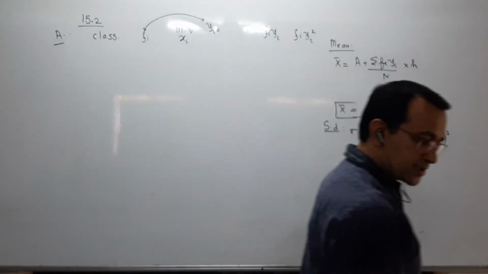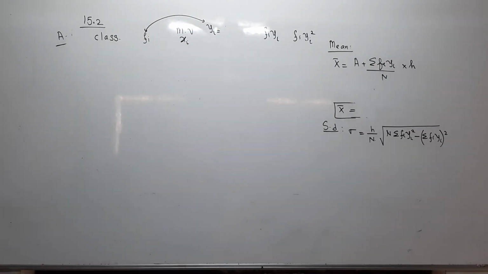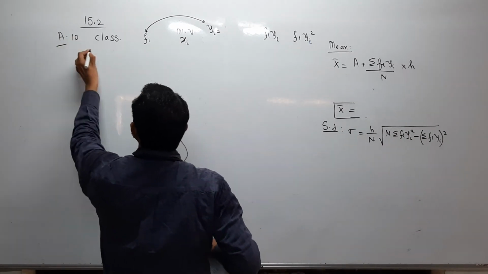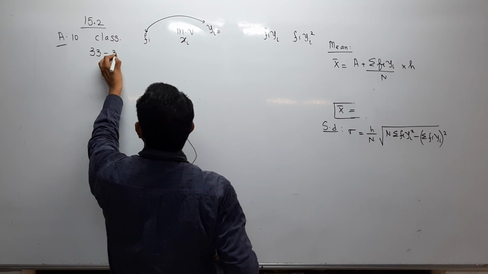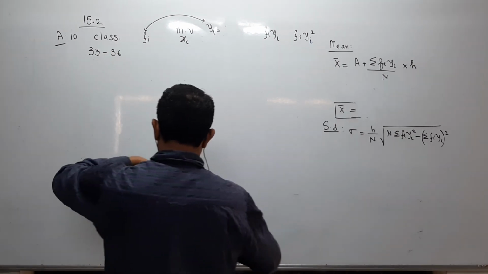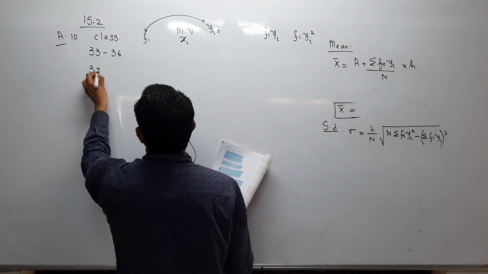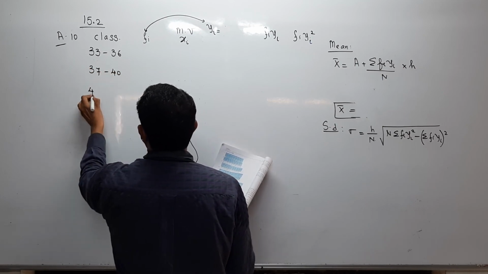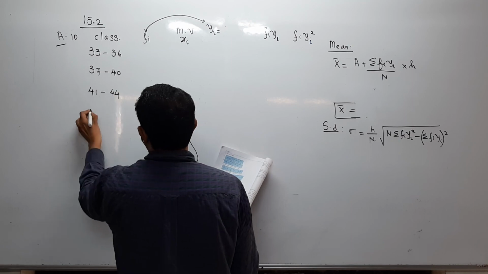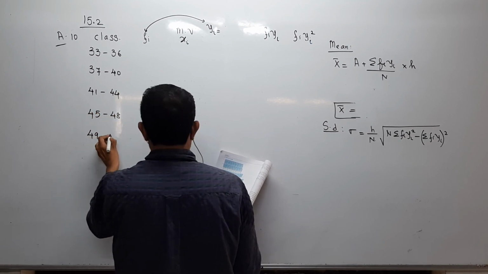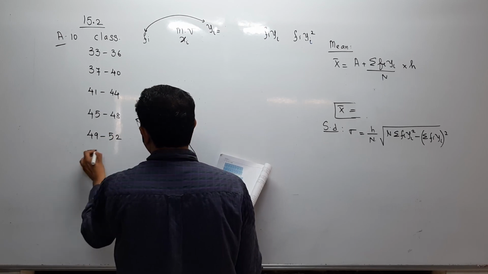Okay, students, last sum for our exercise, sum number 10. The classes go 33 to 36, then 37 to 40, then 41 to 44, 45 to 48, 49 to 52.